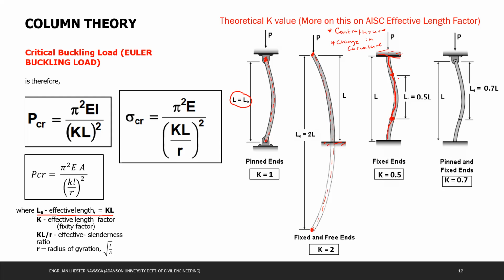So this point and this point are the points of contraflexure, and the distance between them is 0.5L, or 1/2 of your total length L. That is why your fixity factor is 0.5.